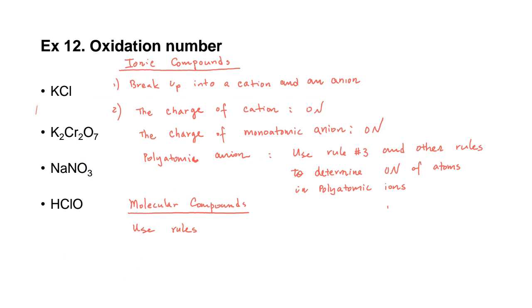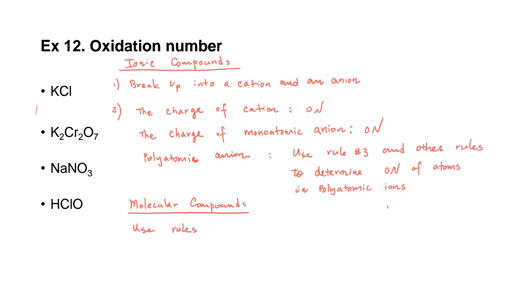So now I want to show how we can determine the oxidation numbers of atoms that comprise molecules or compounds. Here are my tips for you. If the compound is an ionic compound, it is better to break it up into a cation and an anion.